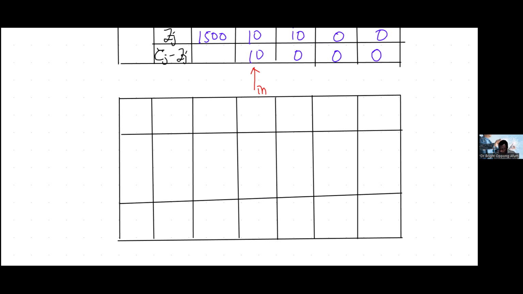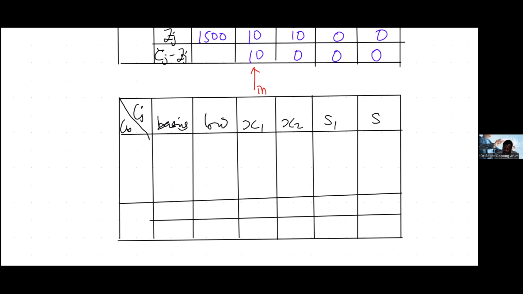So CJ, CB, our basis, our BI, X1, X2, S1, S2. ZJ is maximization, so CJ minus ZJ.